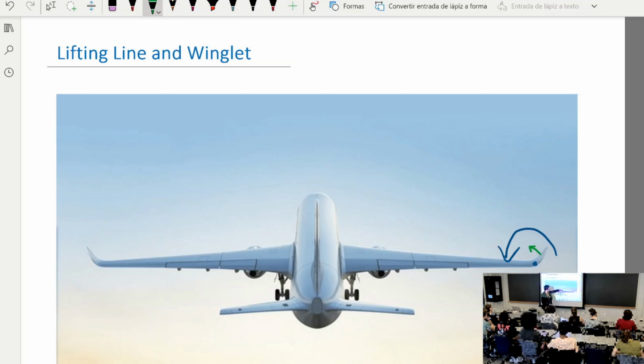For example, the wing actually creates lift in the opposite direction as the induced flow. But if the winglet creates lift in the same direction, let me just write it out. So green is induced flow. And if the lift of the winglet also points in this direction, think about how this induced flow changes the lift vector.